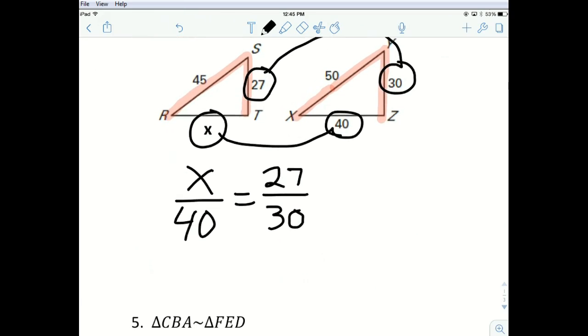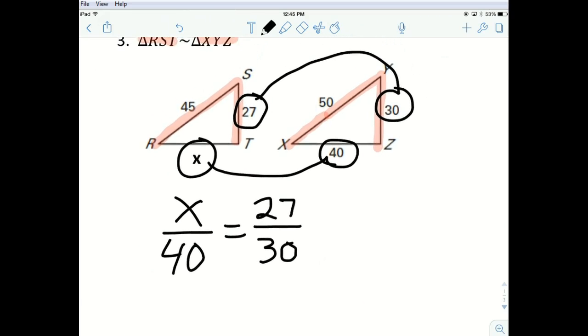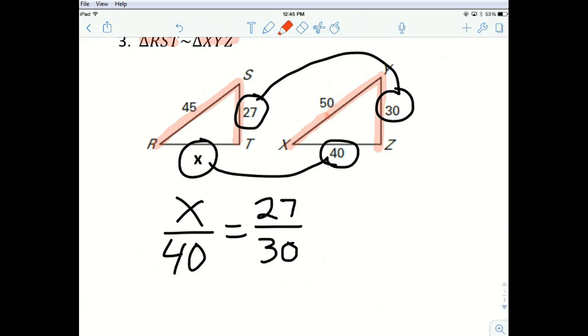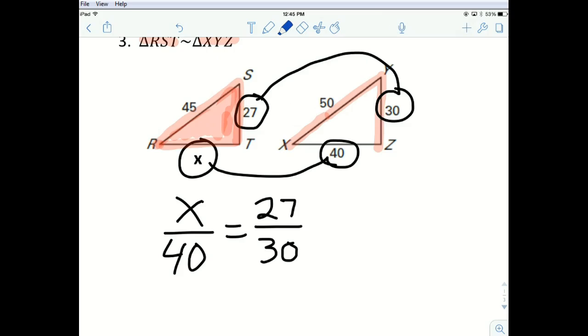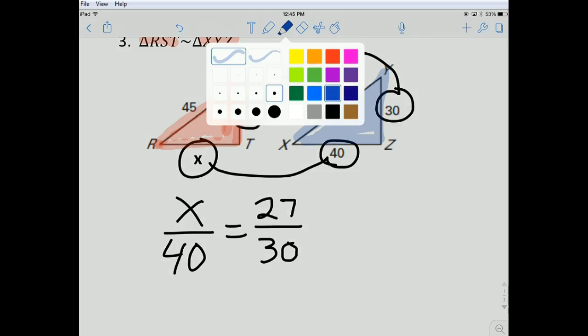The key, again, though, one common mistake that I see a lot of people make, we got to make sure that if we're going to call this here the red triangle, and we can switch to the other one, maybe call this the blue triangle. One important thing to remember is that red needs to stay with red.